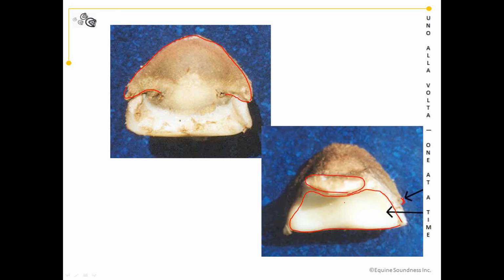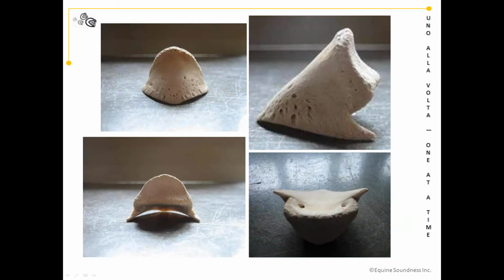And here you have the extensor process. Another collection of Todd Morell's pictures of foal bones, or actually it's one foal bone. Very short palmar process here, and very undeveloped.